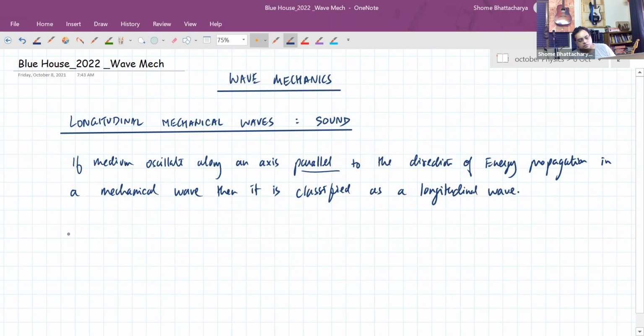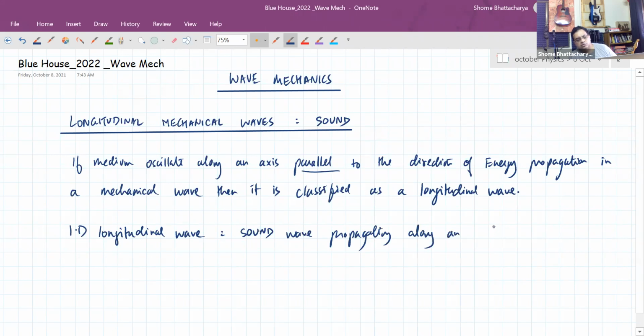So the one-dimensional longitudinal wave is a sound wave propagating along a long windpipe, or such a pipe is also called an organ pipe.